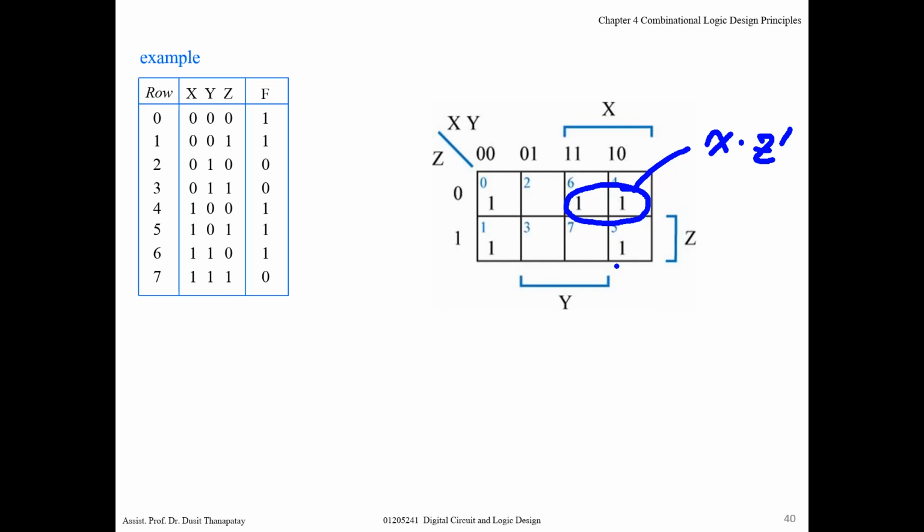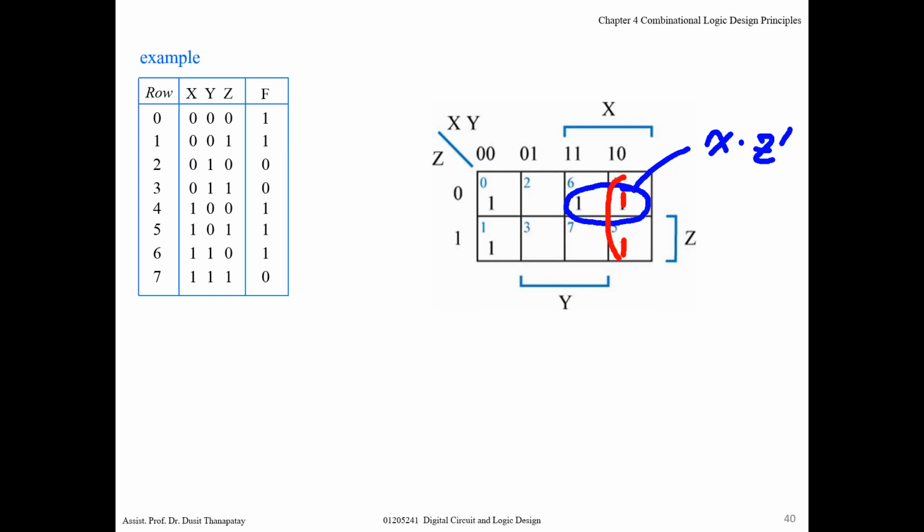Okay, so if I want to select this one, actually you can select this one also, right? At the same time, because you can select a logic 1 cell more than one time.